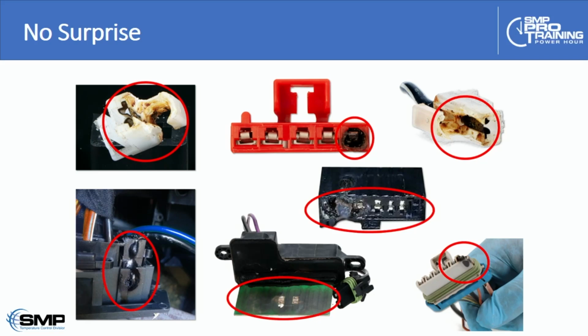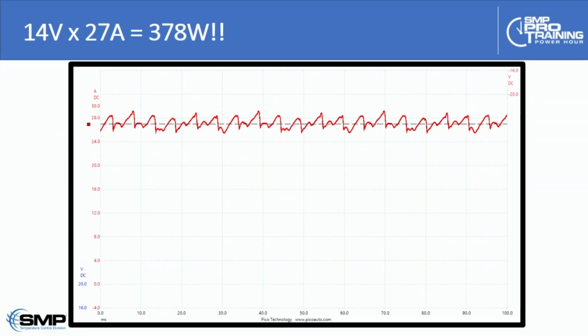So it's significant stress on the blower resistor. And that's why, remember during our introduction, we talked about burned terminals and so on. The most typical cause of blown resistors and burned connectors is a failing blower motor drawing too much current. So this is just an example of a blower motor pulling 27 amps, which is almost 400 watts.